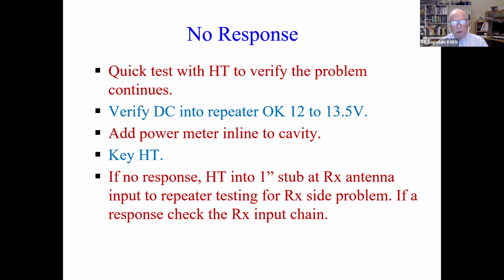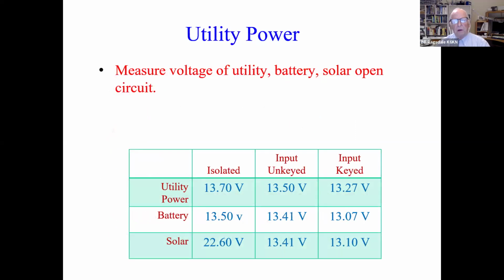So if you now have a signal, then you check the receive side input chain. If you do get a response in that case, then you know that the repeater is receiving input. So now you check the power meter and you check your output chain, and you'll be troubleshooting on the transmit side. And we'll cover each of these elements.